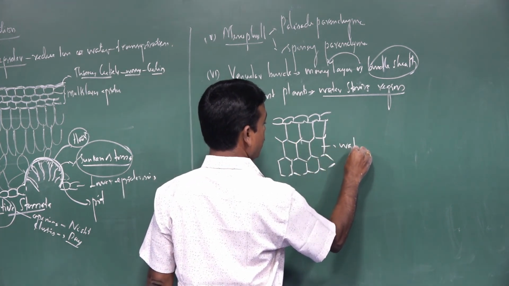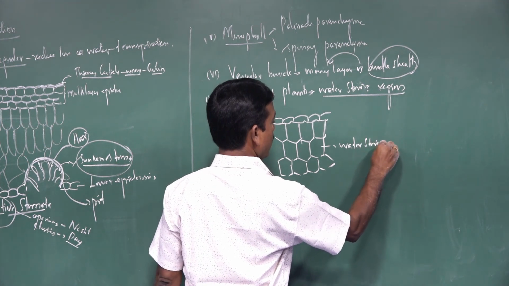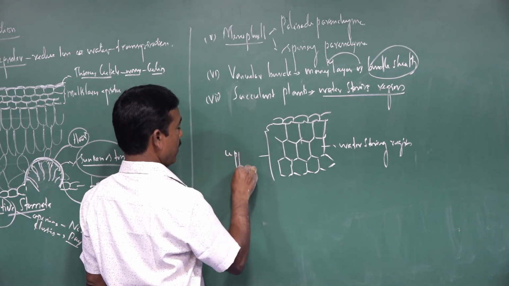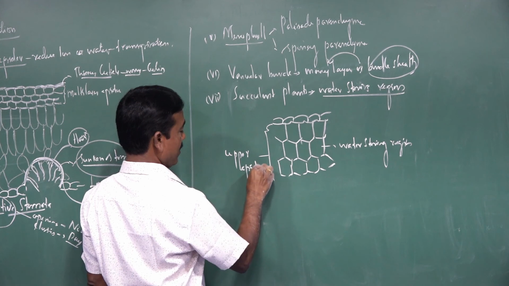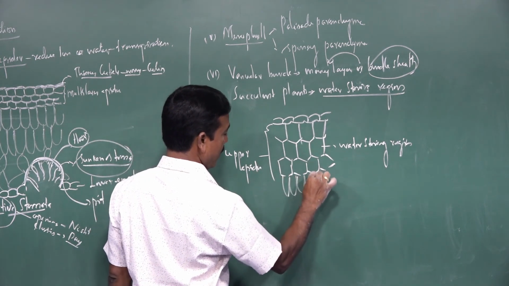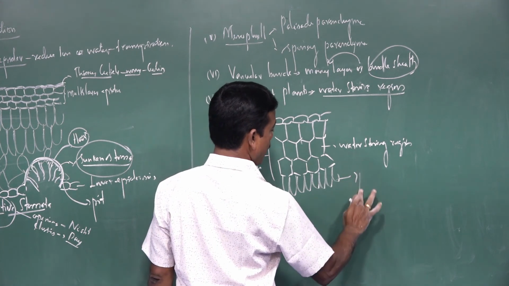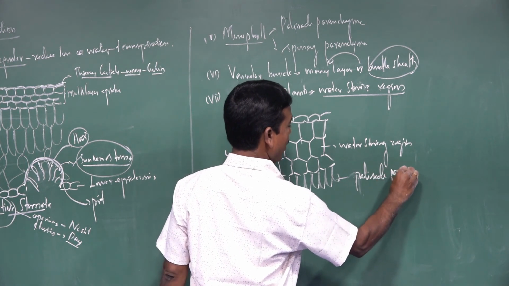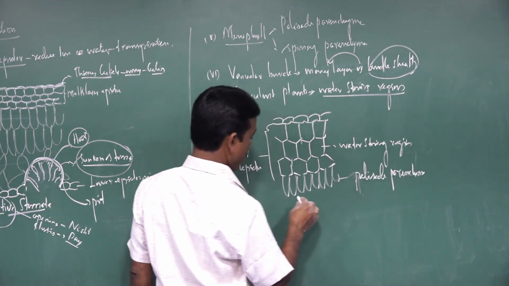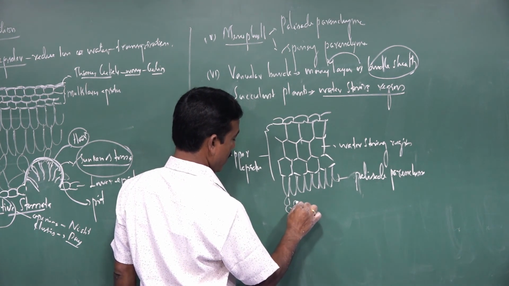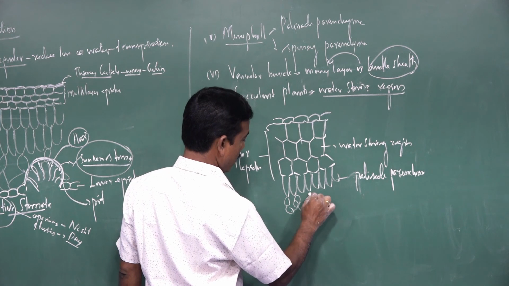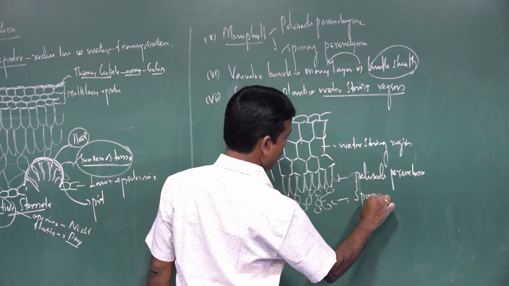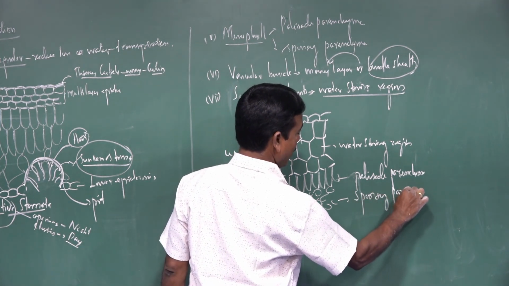These are commonly called the water storing region. This is commonly called the upper epidermis, followed by palisade parenchyma, and this is commonly called spongy parenchyma.